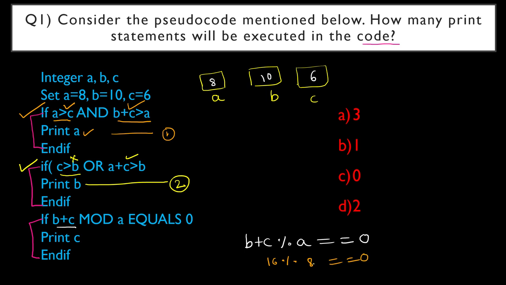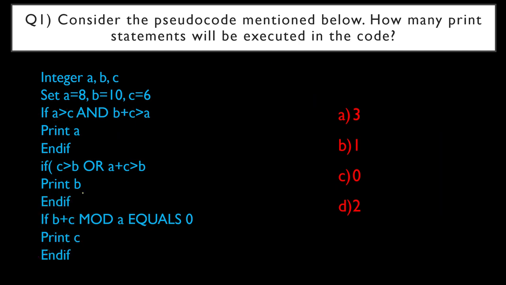We are checking. 8 twice you get 16. So this value is actually equal to 0 because 16 is fully divisible by 8. You don't need to do this division here. This condition is true, and hence this print statement will be executed. So totally 3 print statements got executed here. That is all the print statements that we have.